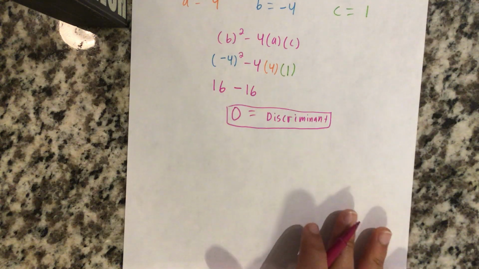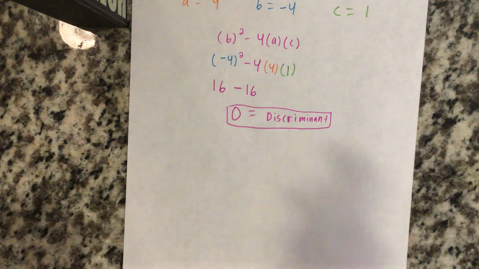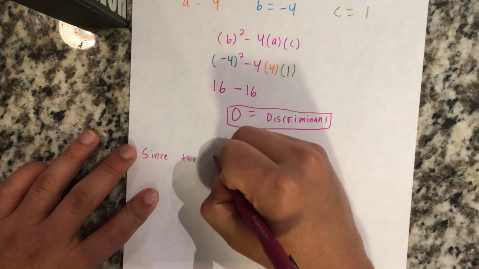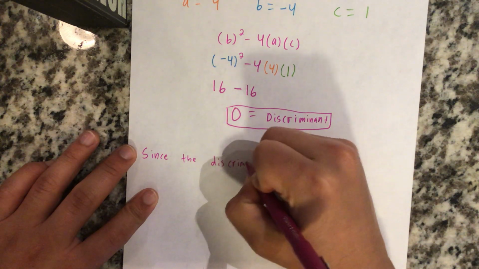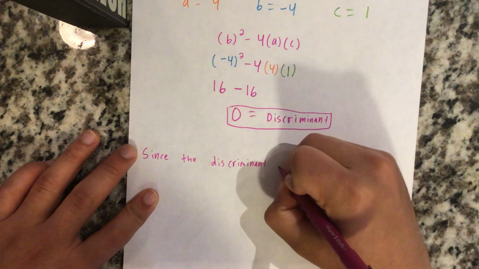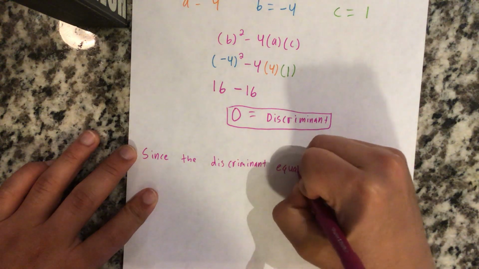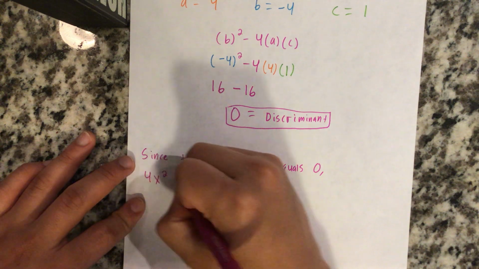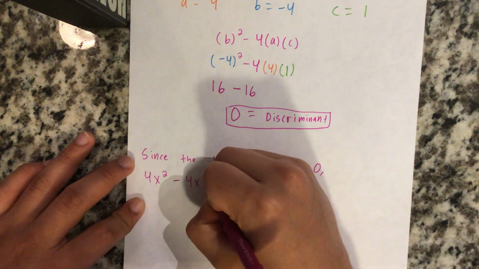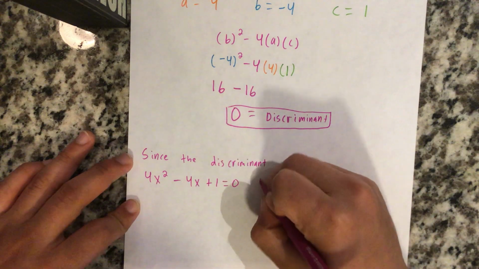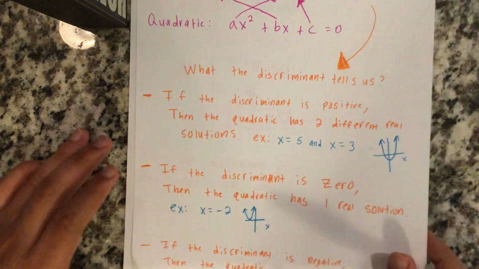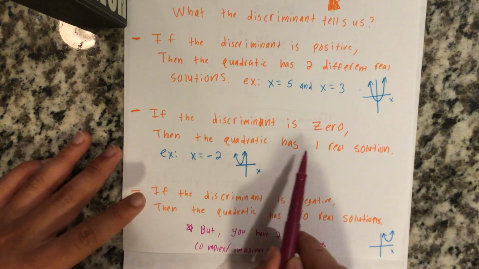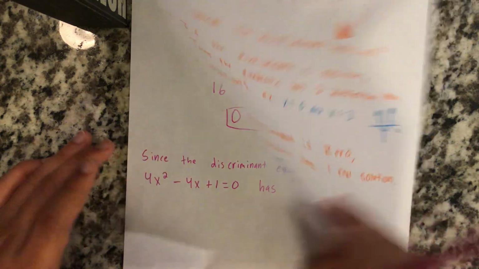Now, this is the easy part. So, since the discriminant equals 0, that means that 4x squared minus 4x plus 1 equals 0 has, if I go back to my little rules, since my discriminant is 0, that means the quadratic has one real solution.